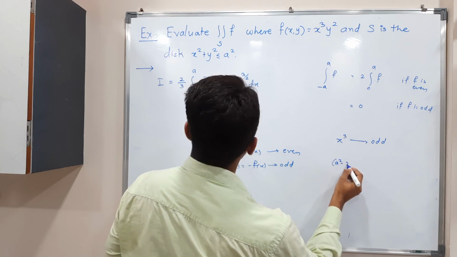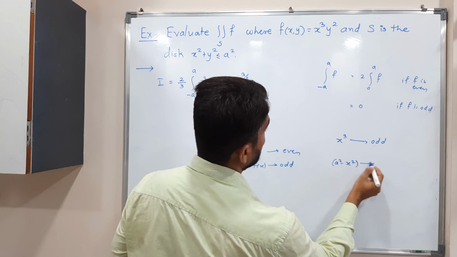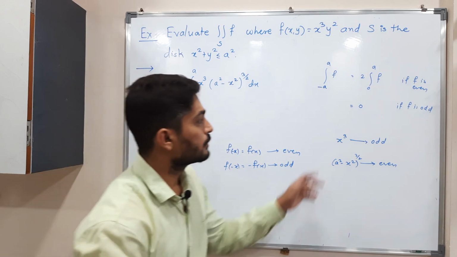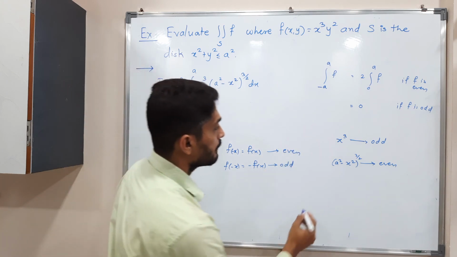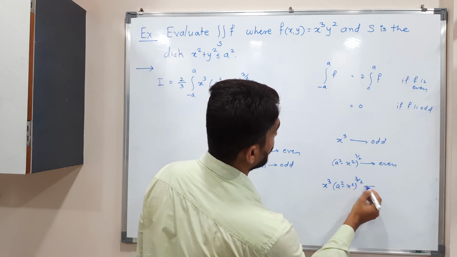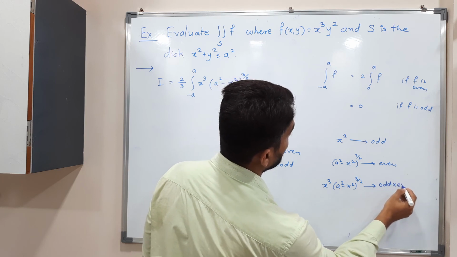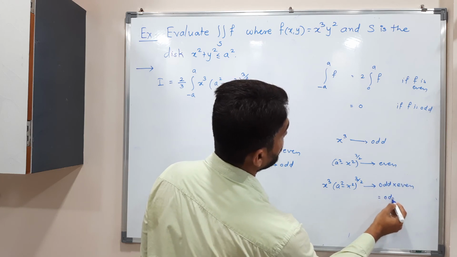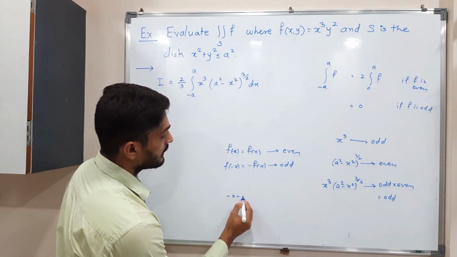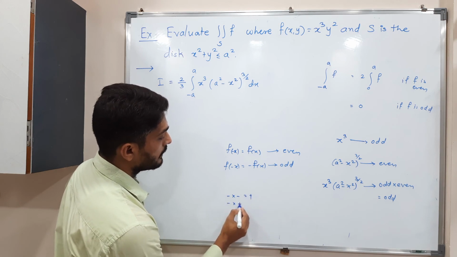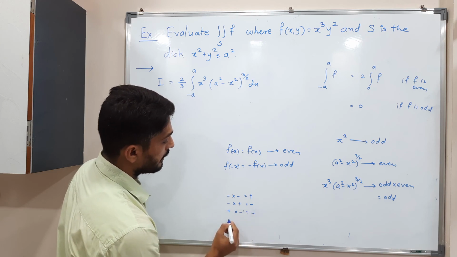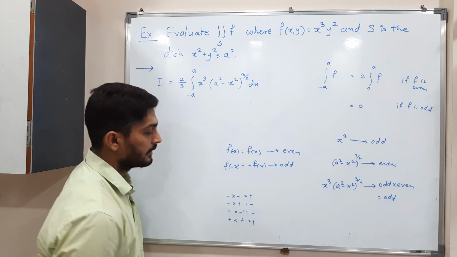And a square minus x square raised to 3 by 2 is basically an even function. If you take any power of an even function, you will have an even function. So this is the even function and this is the odd function. When you take the product of these two, x cube and a square minus x square raised to 3 by 2, you will have odd into even. Do you know odd into even? It's odd. It is just like in first or second standard, your teacher taught you: minus plus is minus, minus minus is plus, and plus plus is plus.